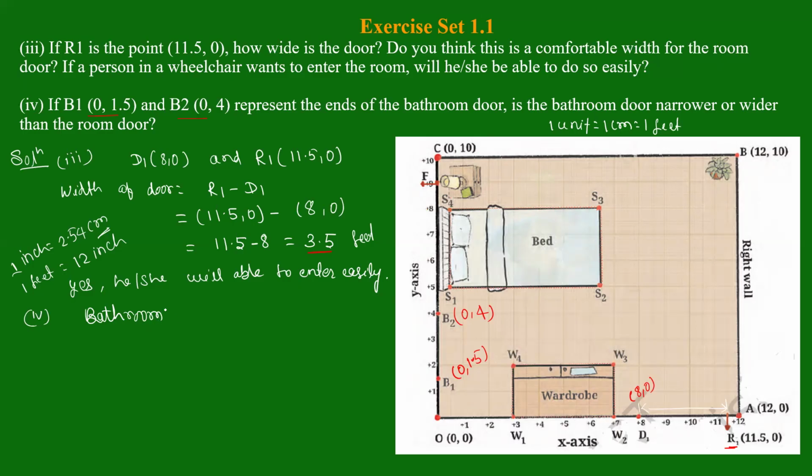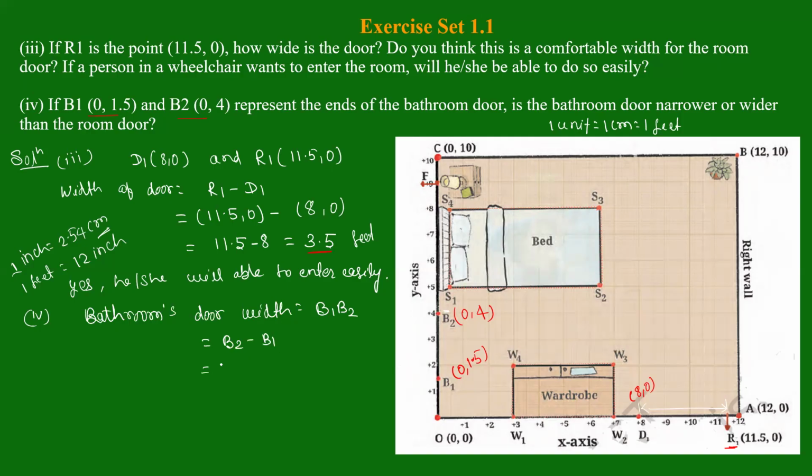Earlier it was also easy, on the x-axis. So what is the bathroom door width? The distance from B1 to B2, from here to here. So we will find B2 minus B1.